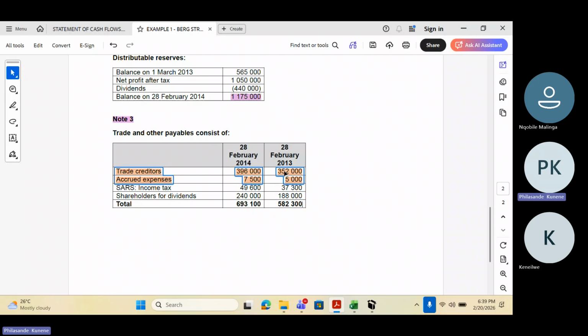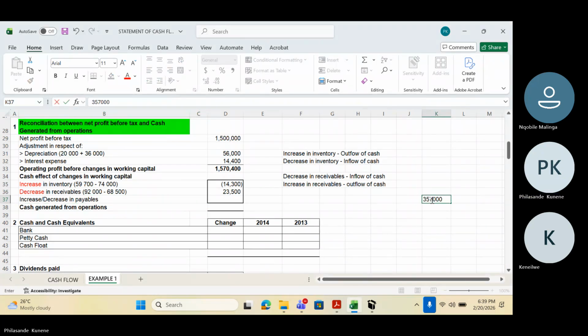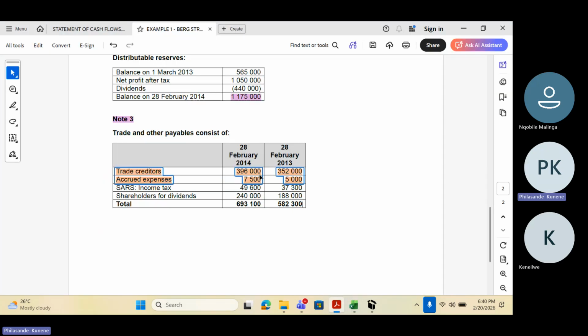So this is going to be 357,000 in the previous year. That is my trade and other payables in the previous year. And in the current year, it's going to be 396,500.